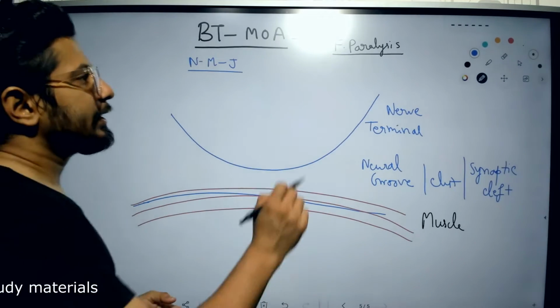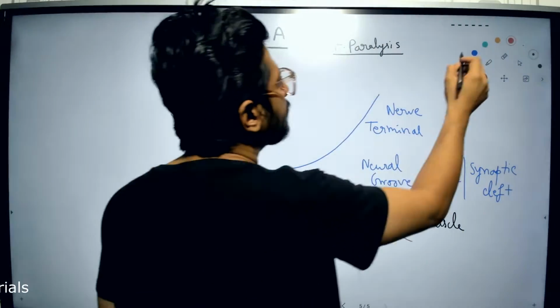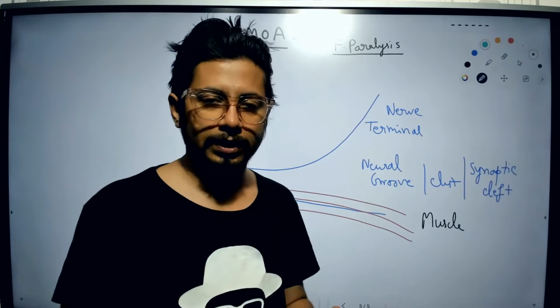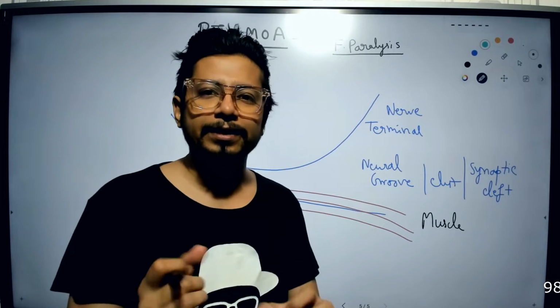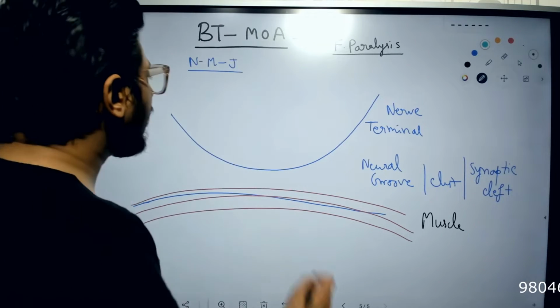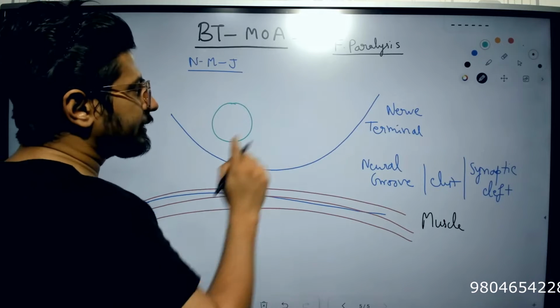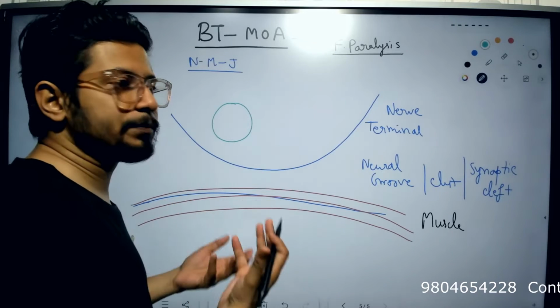Now, in order to understand the mode of action of botulinum toxin, you need to know how normal muscle contraction works, meaning how nerve cells signal the muscle to contract or relax. There are chemicals found inside the vesicles in this nerve terminal. Those chemicals are known as neurotransmitters.